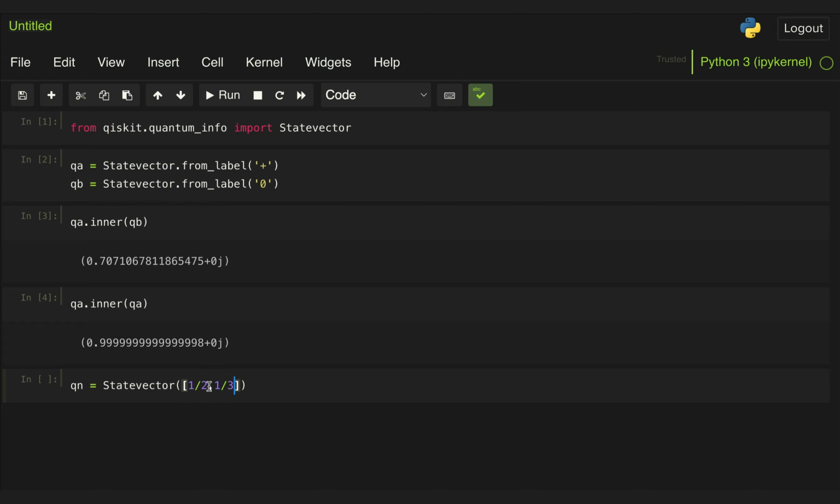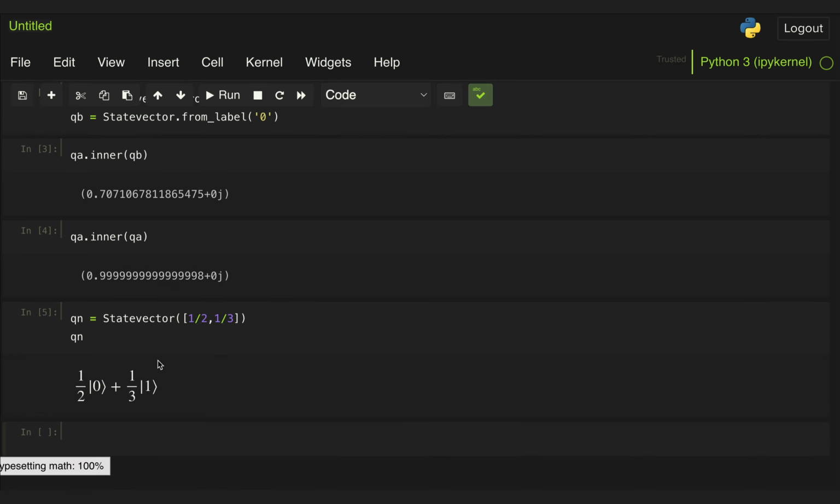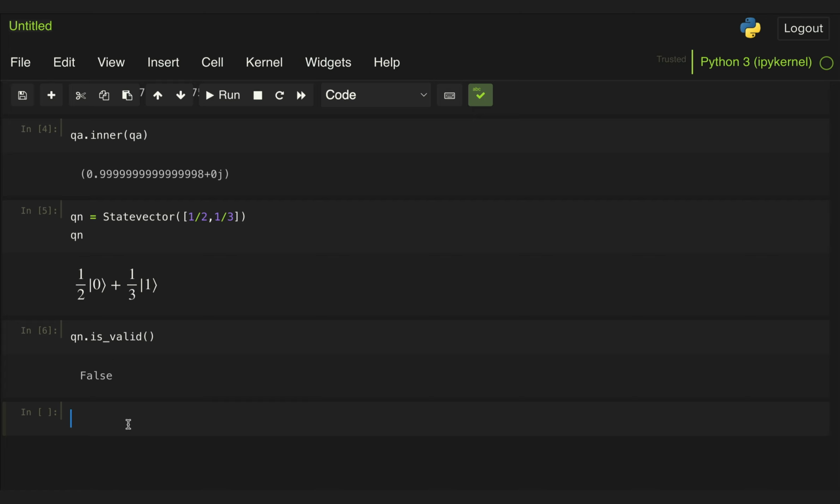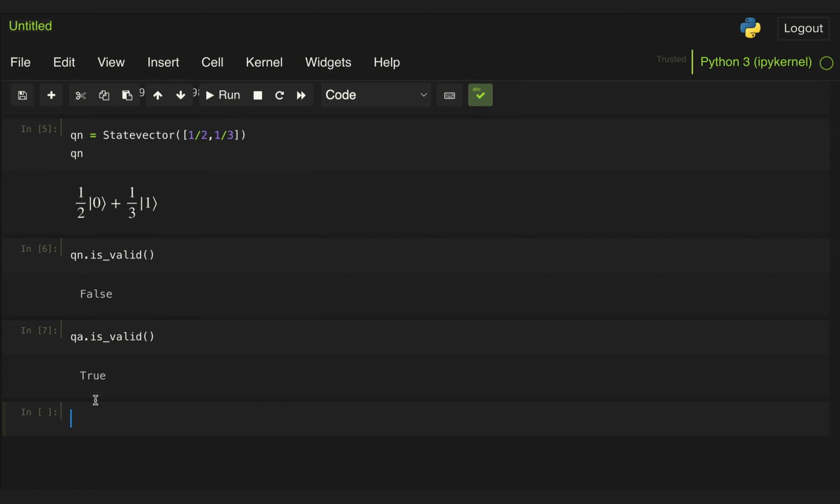And we know if we take the norm square of these two values, they're not going to add up to 1. And we can actually display that vector. And the state vector object has actually a function called isValid that allows us to see if the vector is normalized or not. And in this case, since it's not, we're going to get a value of false. If we do it for, let's say, QA again, we should see that that's true.